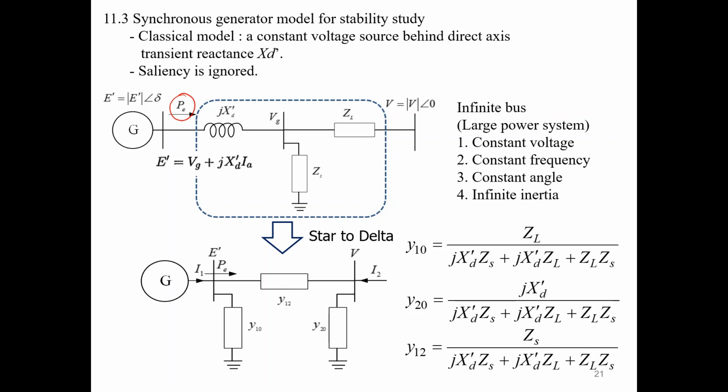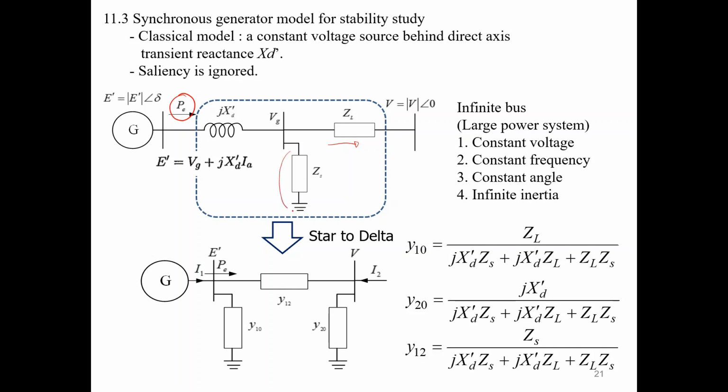So you can see that the generator is supplying electrical power through the line with the impedance CL, and there could be a shunt impedance connected to the generator terminal.